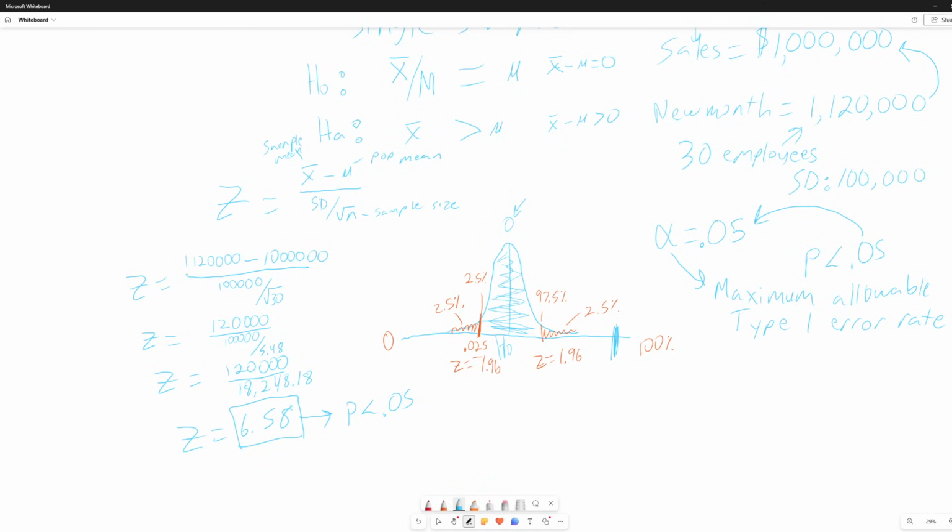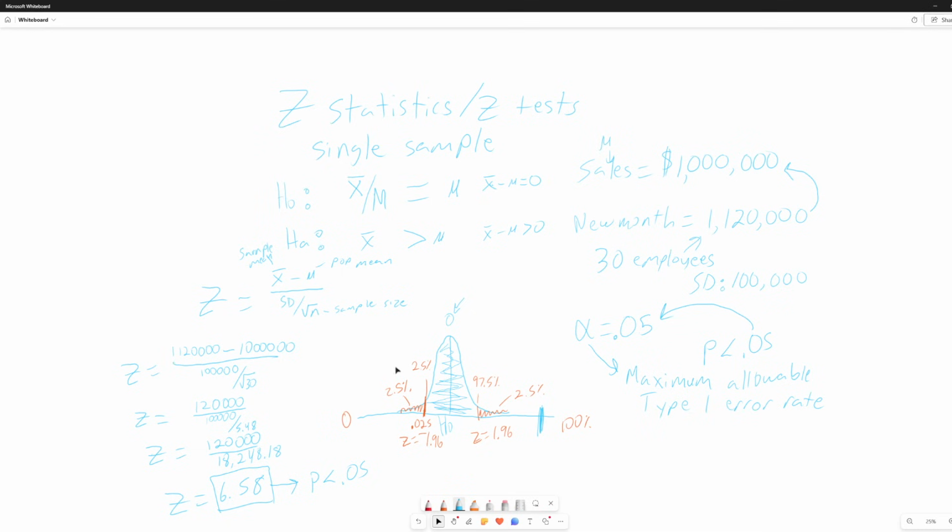So that's how we interpret and run a Z-statistic. Congratulations, you have just hand calculated your first test statistic, and you now know how to draw conclusions from it. What we would say is that we have evidence against the null hypothesis, and this is more in favor of our research hypothesis, and this is what would lead us to say that yes, we reject the null hypothesis in favor of the alternative.